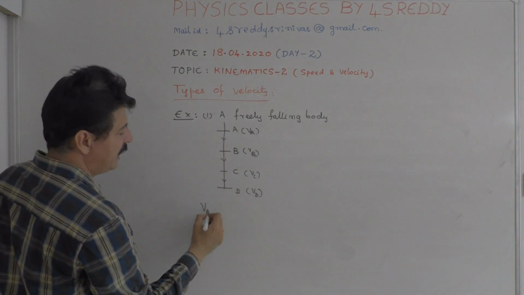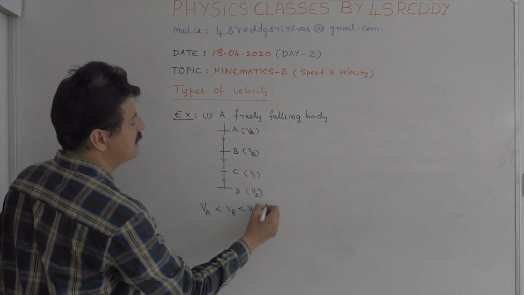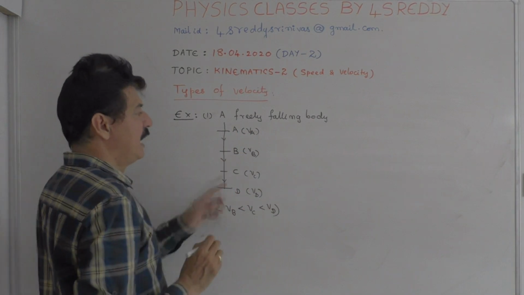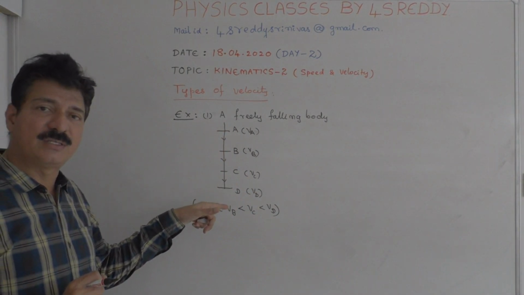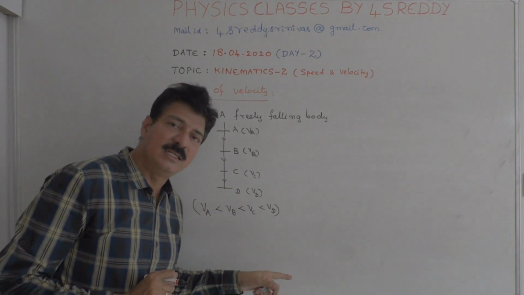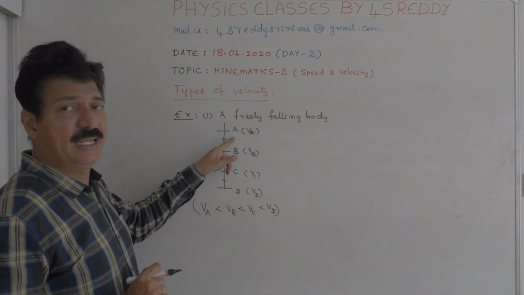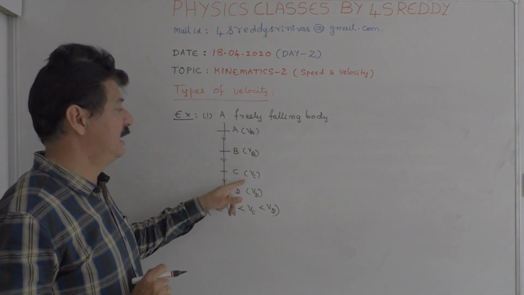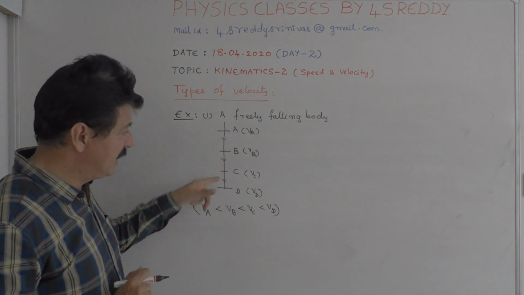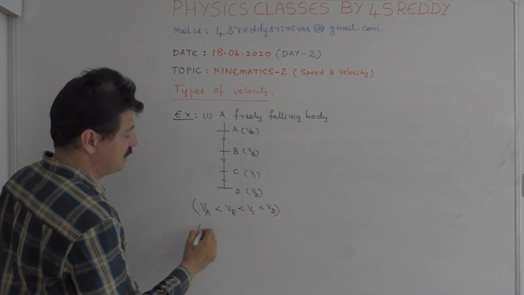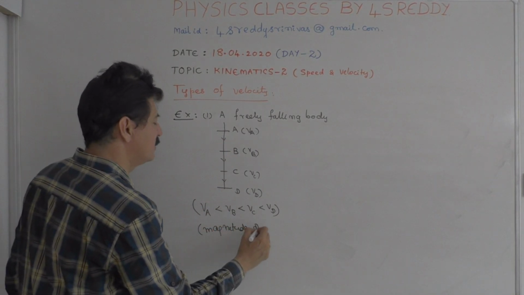Then VA is less than VB, less than VC, less than VD. As the body comes close to the surface of the earth, velocity goes on increasing. The direction of velocity is the same at every point, but the magnitude of velocity changes.